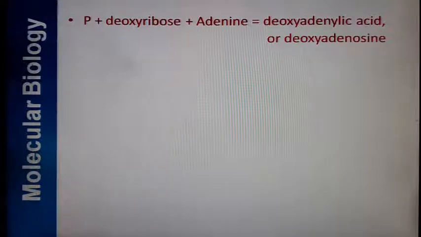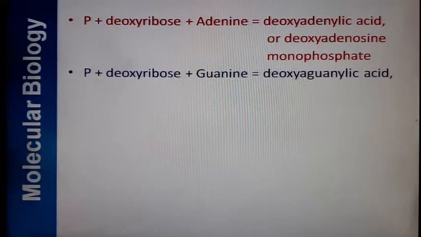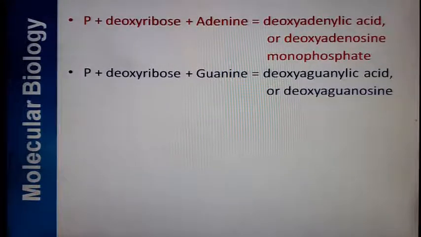Phosphate, sugar and adenine form deoxyadenylic acid or deoxyadenosine monophosphate. Similarly, guanine forms deoxyguanylic acid or deoxyguanosine monophosphate.